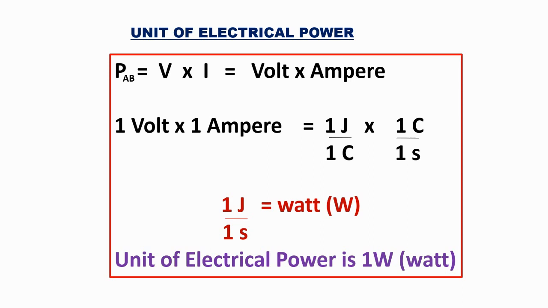We will substitute all these in the electrical power. So I get 1 volt into 1 ampere is 1 joule upon 1 coulomb into 1 coulomb upon 1 second. 1 coulomb gets cancelled. So I have now 1 joule upon 1 second, which is nothing but watt. So the unit of electrical power is 1 watt.